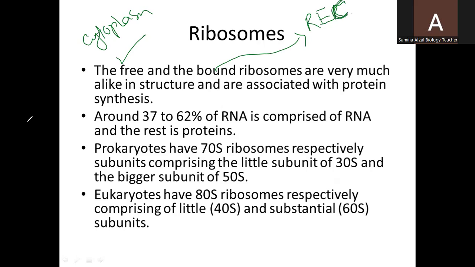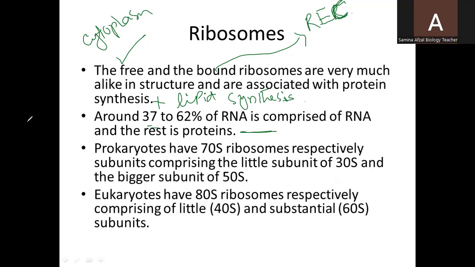Their structure is the same and they are associated with protein synthesis and lipid formation. Around 37 to 62% of the ribosome is comprised of RNA and the rest is protein.